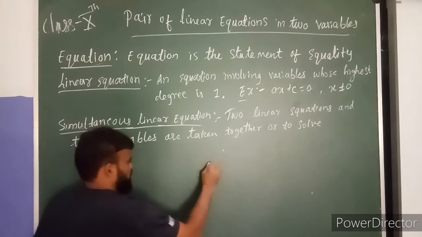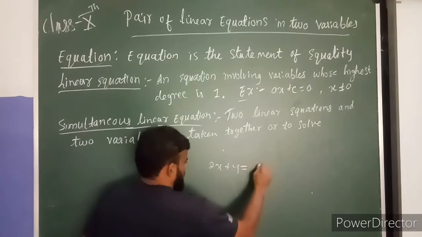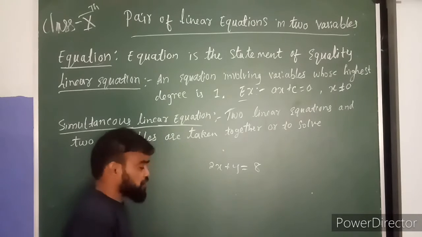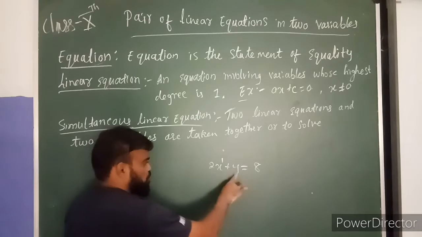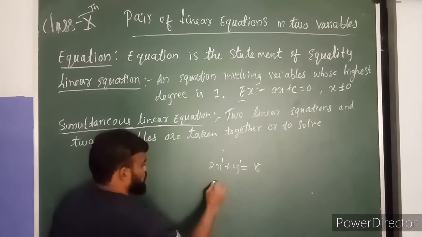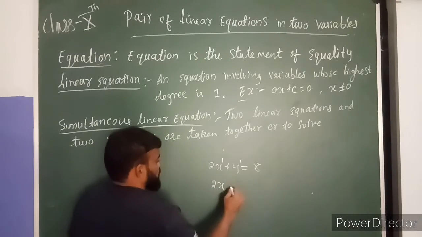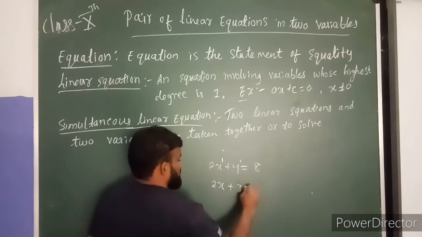Remember, take 2x plus y is equal to 8. This is also a linear equation because x to the power of 1 is there. We have to remember there is a 1. y is also to the power of 1. Here also, 2x plus 3 is equal to 8.